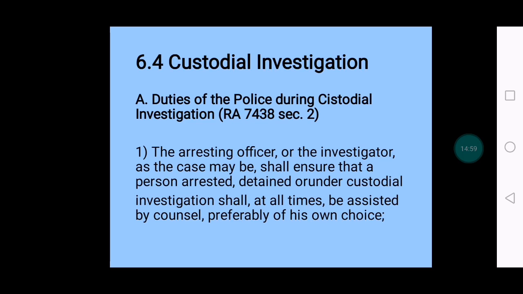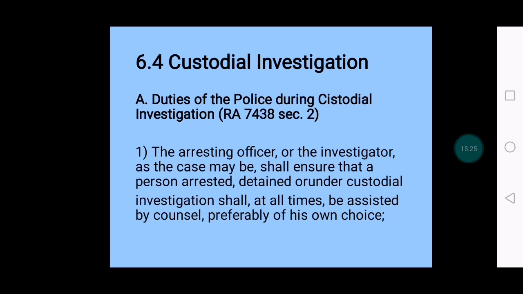6.4 Custodial Investigation. Custodial investigation refers to the investigation conducted by the law enforcement immediately after arrest for the commission of an offense. Letter A. Duties of police during custodial investigation.